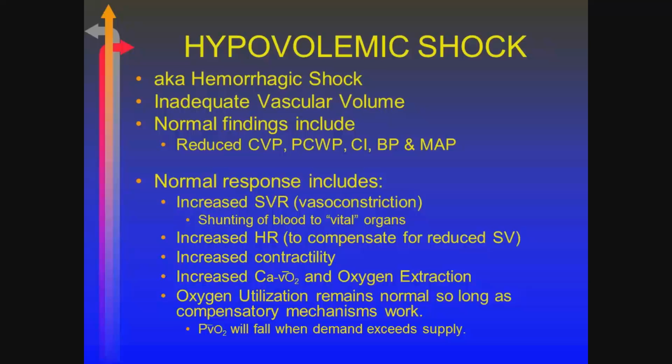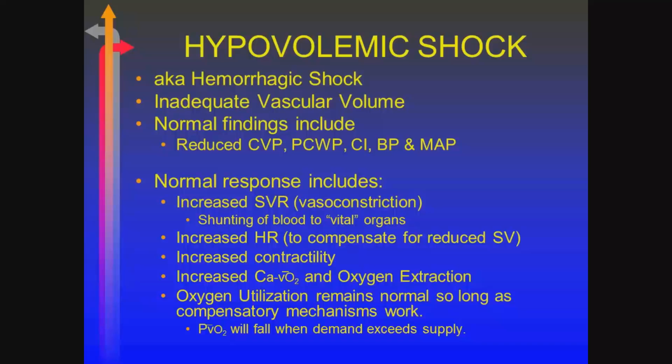In the process then, because I have a reduction in cardiac output, I have bigger extraction happening. Trucks going through the neighborhood slower, more fruit is pulled off. So I have an increase in the AVO2 difference, and if you actually look at oxygen extraction ratio, it also goes up.